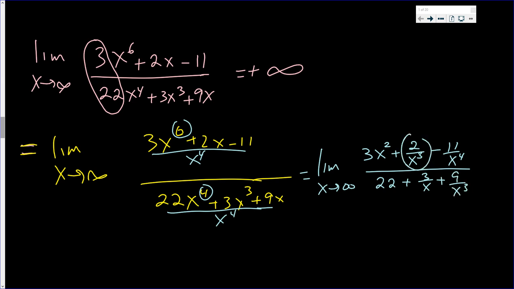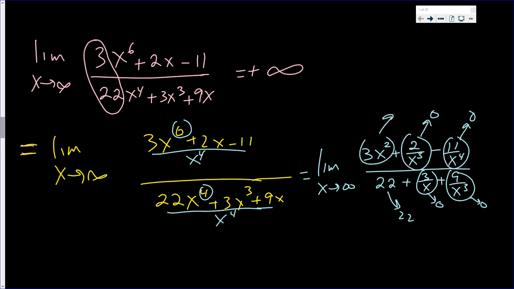As x goes to infinity, these terms go to 0. These terms go to 0. This just goes to 22, but the top number goes to infinity, positive infinity. Now, here's what happens.